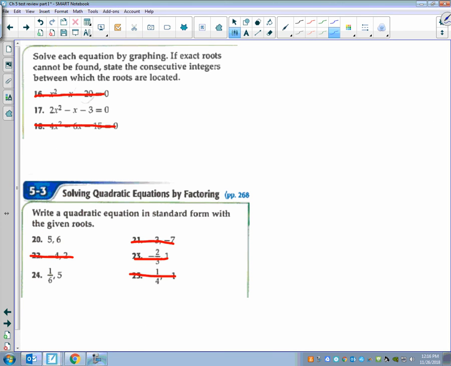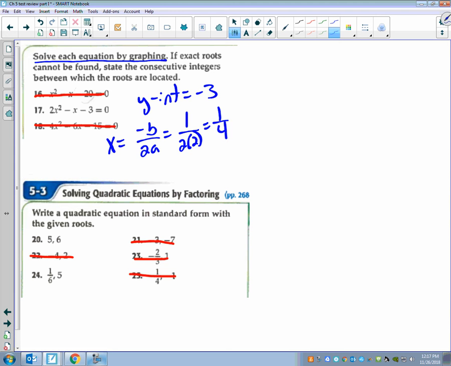All right, solve by graphing. So I only gave you one of these, but remember if it says solve by graphing, solve means find the solutions, which we also did by factoring. But if I'm going to graph it, I'm going to do one more graph here. On number 17, my y-intercept would be -3. My axis of symmetry would be x equals -b, so in this case, that would be +1 over 2 times 2, or 1/4.